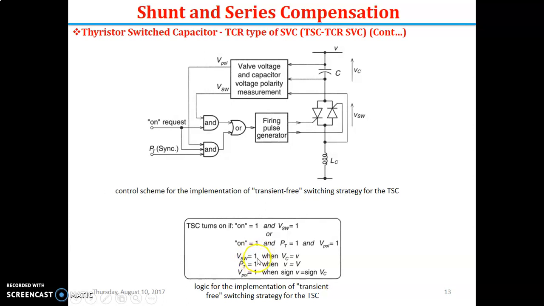So VSW is equal to 1 when Vc is equal to V, or we can say when the voltage across the thyristor switch is 0.